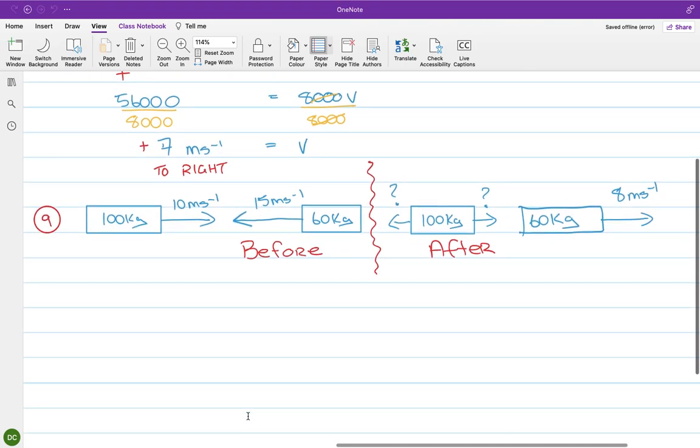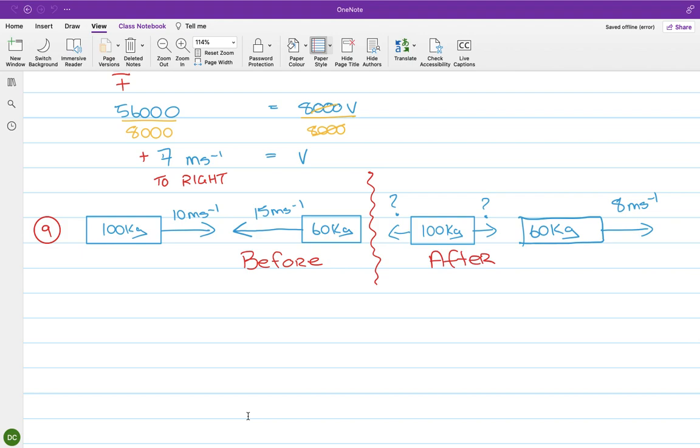Right. So before is 100 by 10. I have made the 10 positive, and the 10 is in this direction, which means right is positive.